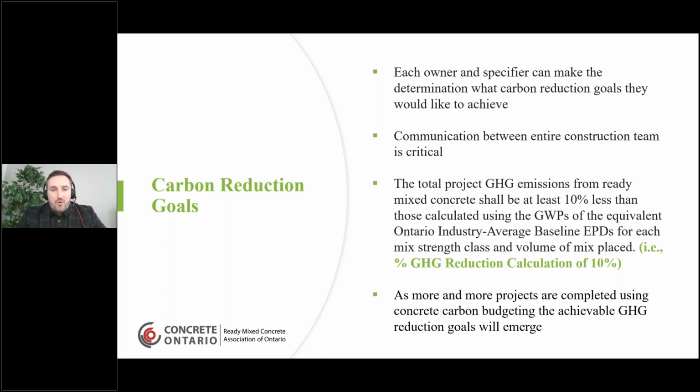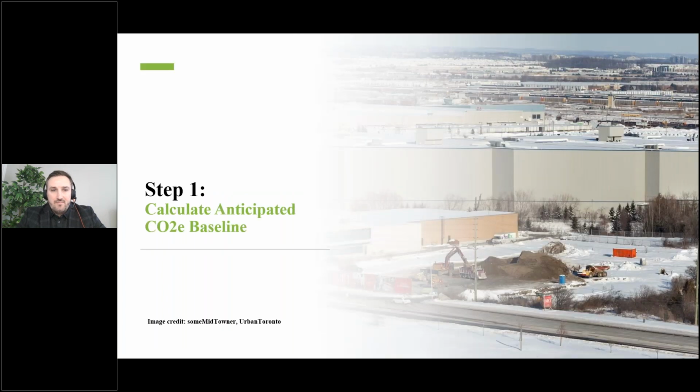So we do need a lot more experience and a lot more time to really figure out what are achievable greenhouse gas reduction goals for a project. But 10% reduction is something that is very reasonable currently.